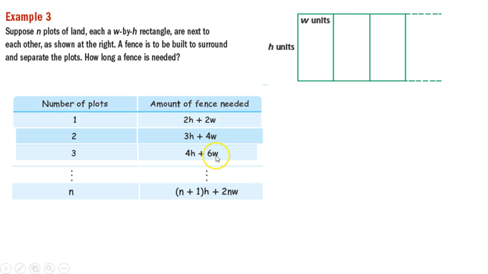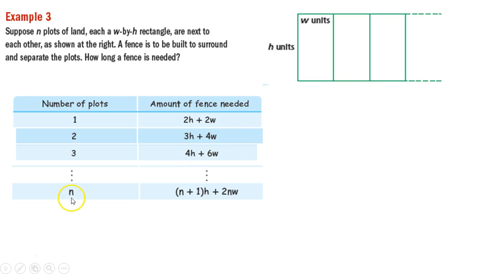And then the W is going to be multiplied by the number of plots times 2, because 2 more are being added on for every plot. So that's going to be the number of plots times 2, and then times W, which is exactly the pattern we see here.